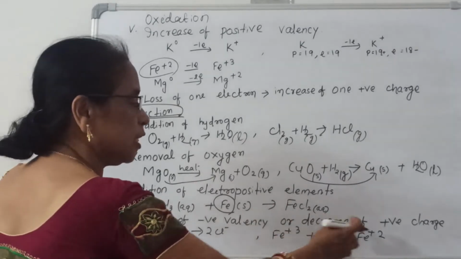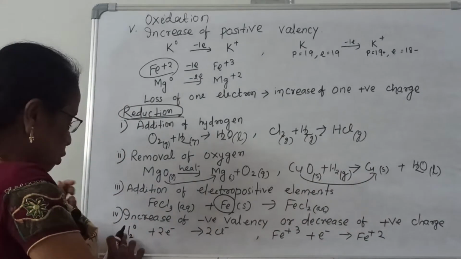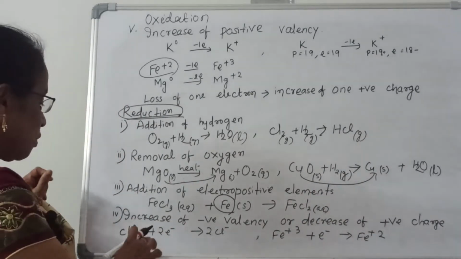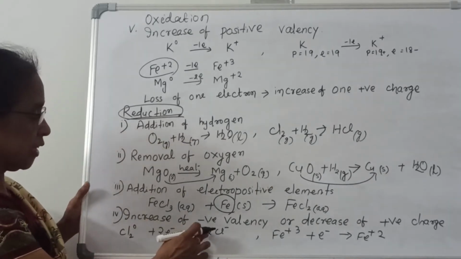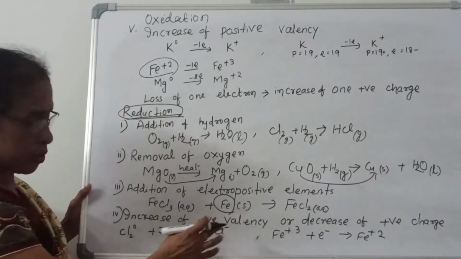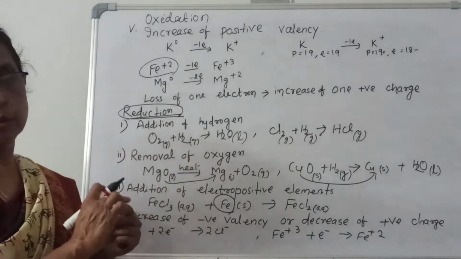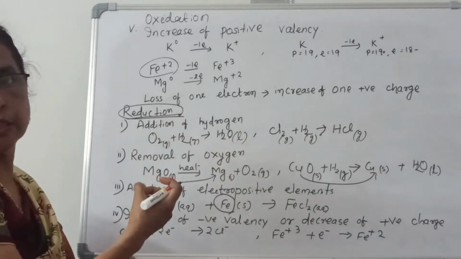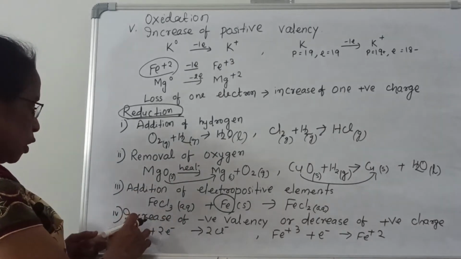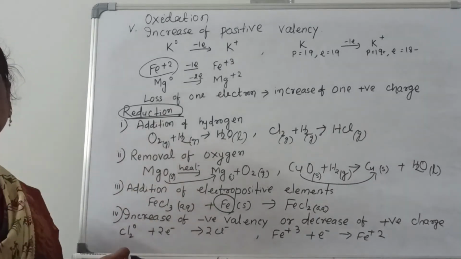Here also chlorine, there are 2 atoms, that is why 2 electrons are gained, so it is 2Cl-. That means one chlorine atom receives one electron, so it changes from 0 to -1.